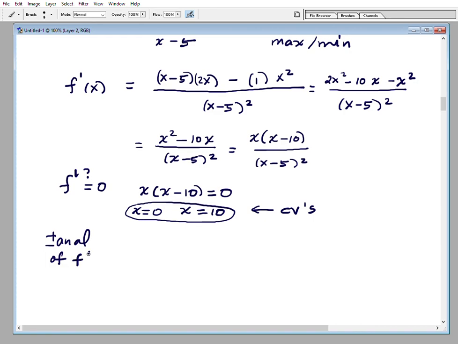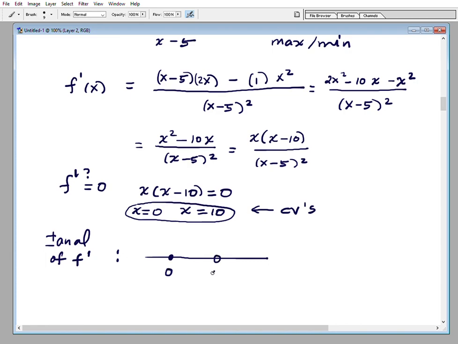One important thing that I'm pointing out in this example: for plus-minus analysis, we put down zeros of numerator and denominator. For the numerator, we have 0 and 10. And for the denominator, we have 5. Now, this is important.